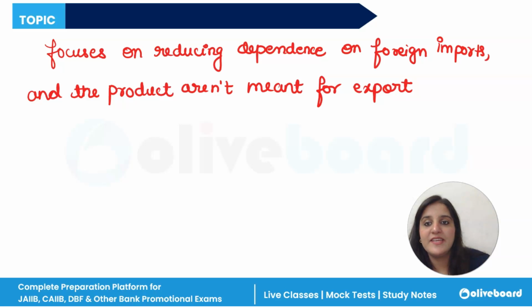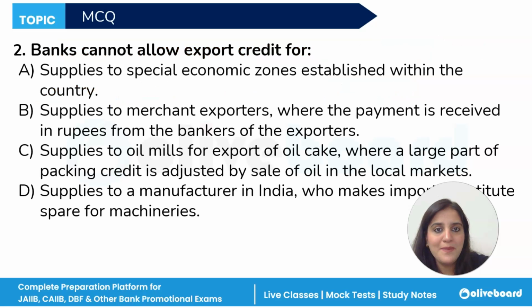And here other cases are mentioned. Options are given: supplies to special economic zone established within the country. Here SEZs are treated as foreign territory for trade purposes, and supplies to these zones generally qualify for export credit since they are deemed exports.